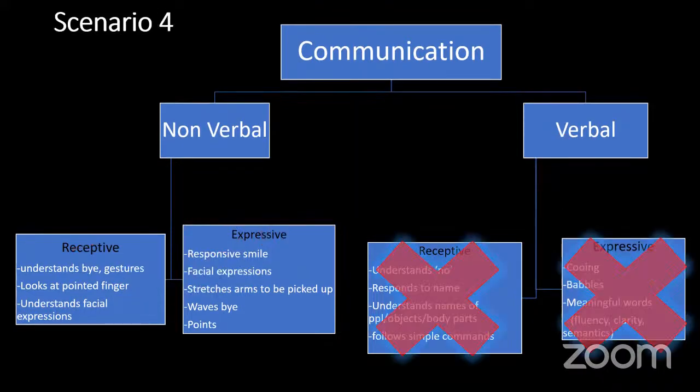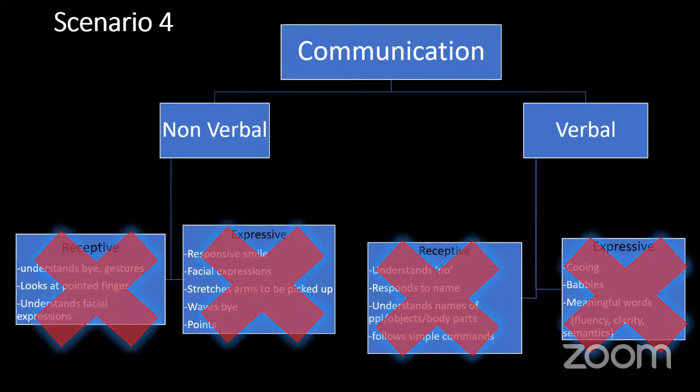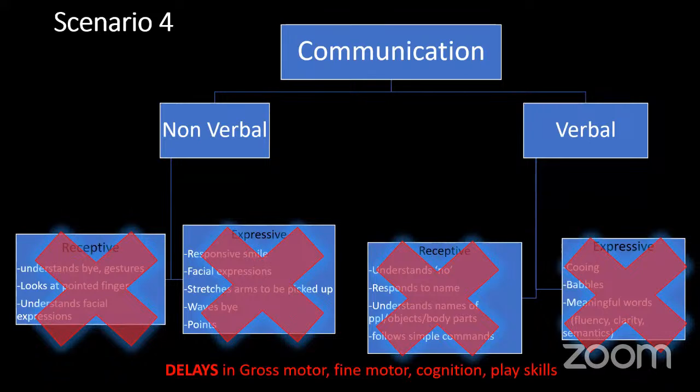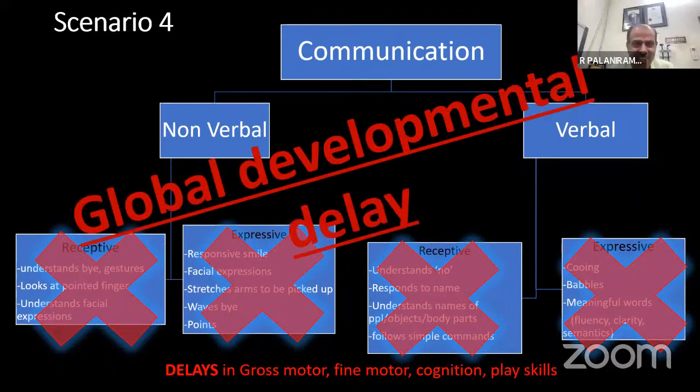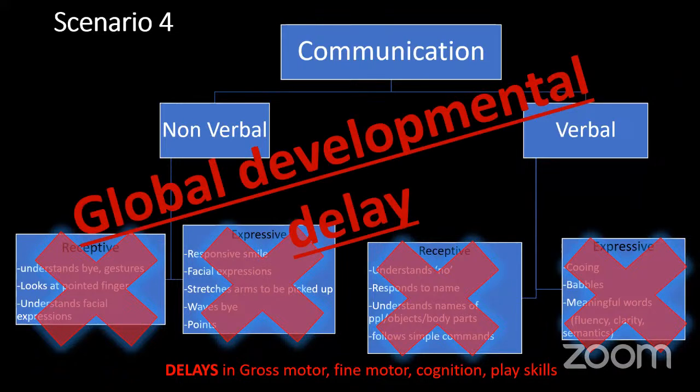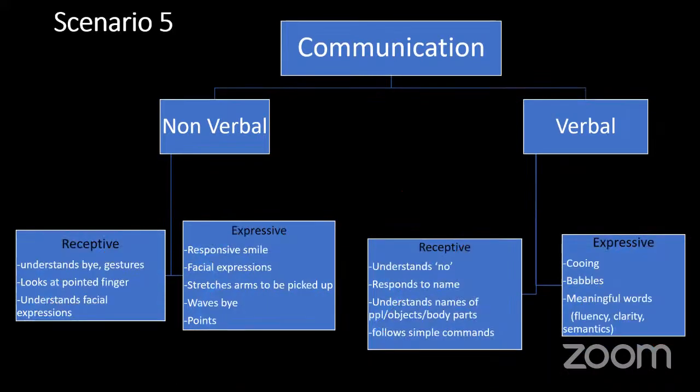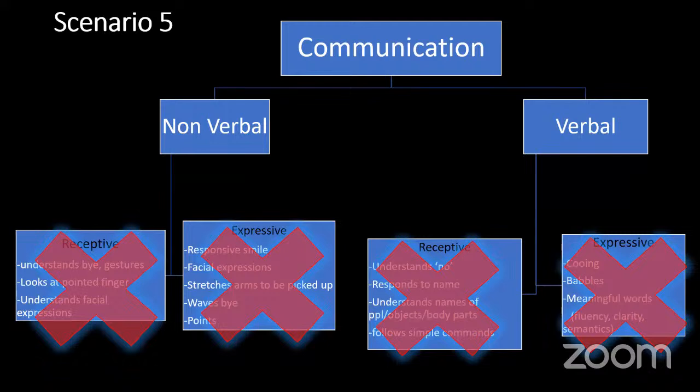Scenario 4: the parent says poor in receptive, poor in expressive, poor in non-verbal. So communication delays are there, and there are delays in gross motor, fine motor, cognition, play skills. So this is global developmental delay. Okay, next case scenario.